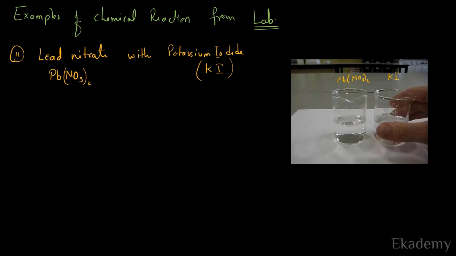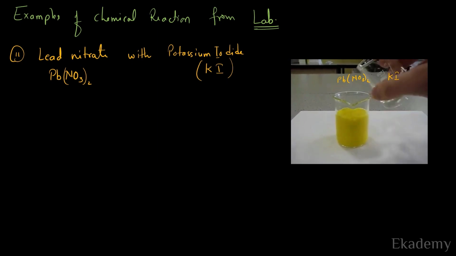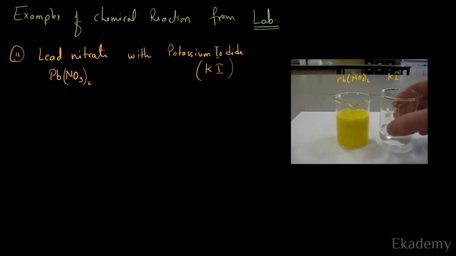What happens when potassium iodide is added to lead nitrate? Look very carefully, a yellow colored substance is forming in this reaction. What is happening over here is lead nitrate combines with potassium iodide, and new substances are getting formed.